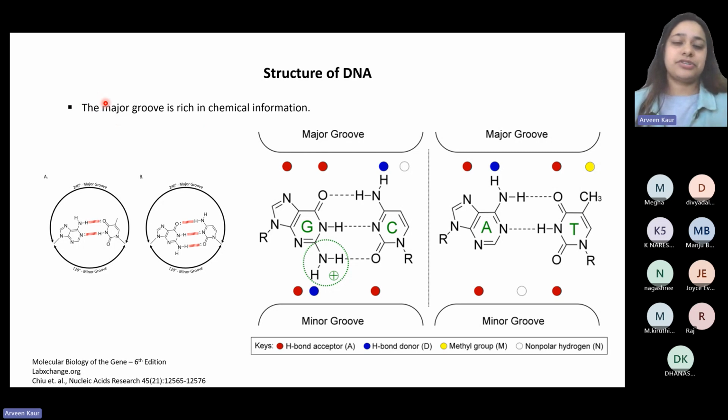This basically answers the question of why, in the first place, major and minor grooves occur, right? So it will become clearer to you once we are done with this discussion. At least I hope that. So what happens once there is this major groove and minor groove present? The major grooves are rich in chemical information. I will tell you what I mean by this chemical information, right?